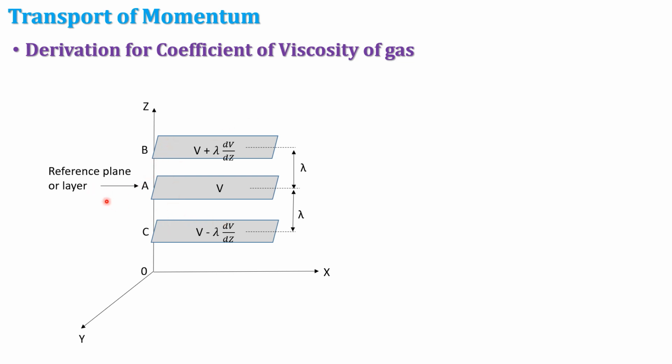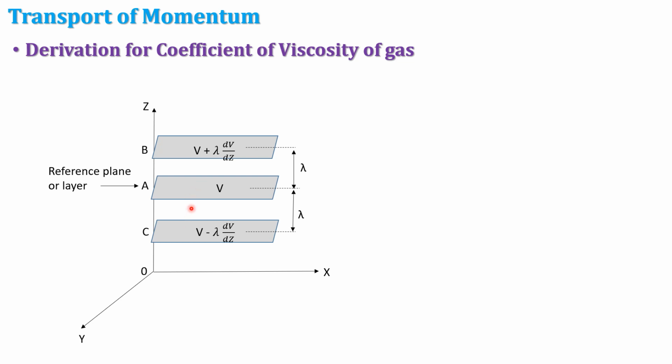we use one intermediate layer which is called a reference plane or layer A. Above the layer A, there is another layer B, and below the layer A, the layer C. All layers are parallel to each other.